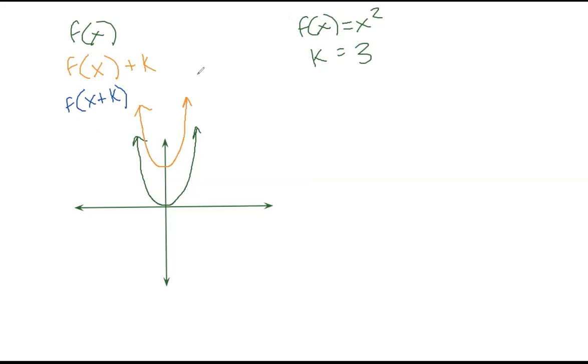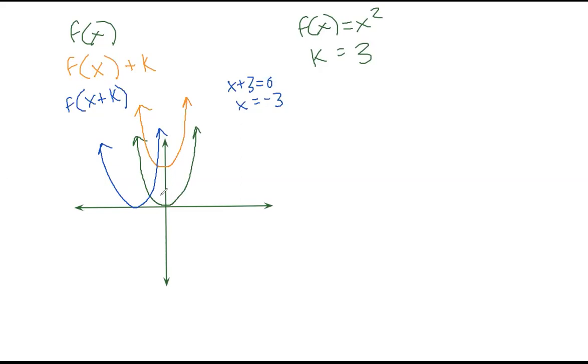We can also think of it as a shift of -3. Right, so outside the parentheses is vertical the way that it looks, so +3 means it goes up 3. Inside the parentheses is horizontal, opposite of how it looks. So +3 actually means 3 to the left, not 3 to the right.